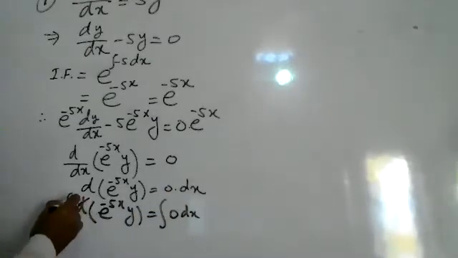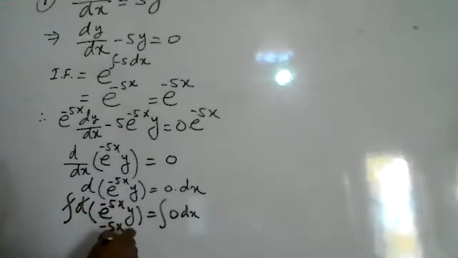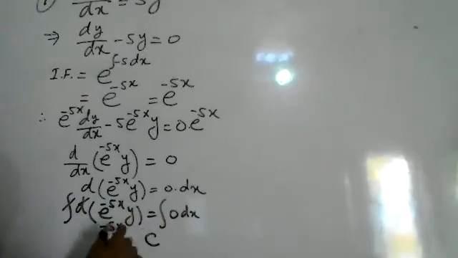Here the derivative is cancelled by the integration. We have e raised to power minus 5x into y is equal to the integration of 0 dx. The integration of 0 will be a constant. Into y is equal to constant.